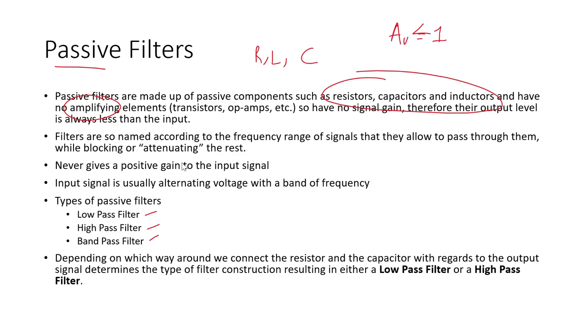Also, the filters are named based on the range of frequency. So higher frequency would be termed as high pass, lower frequency filter would be termed as low pass filter. So that is another definition. The rejected band is actually attenuation in the signal.